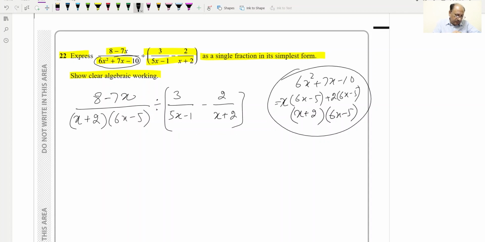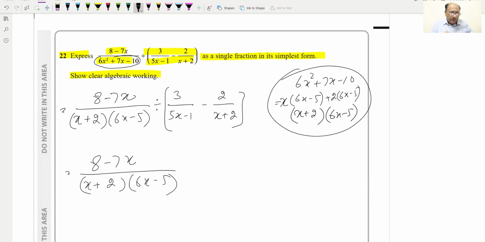This will be 8 minus 7x divided by x plus 2 and 6x minus 5, and now we can take the LCM. First it will be the division sign and then a bracket, and the LCM will be 5x minus 1 and x plus 2 here. These two denominators we have copied.